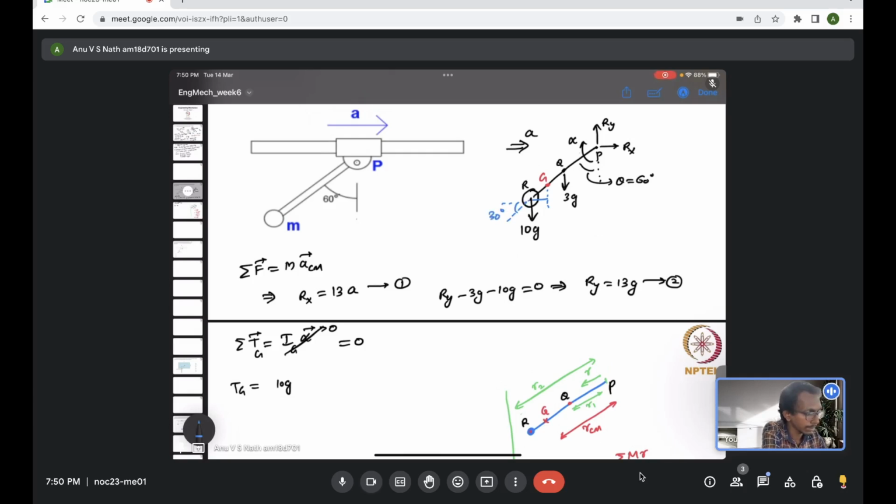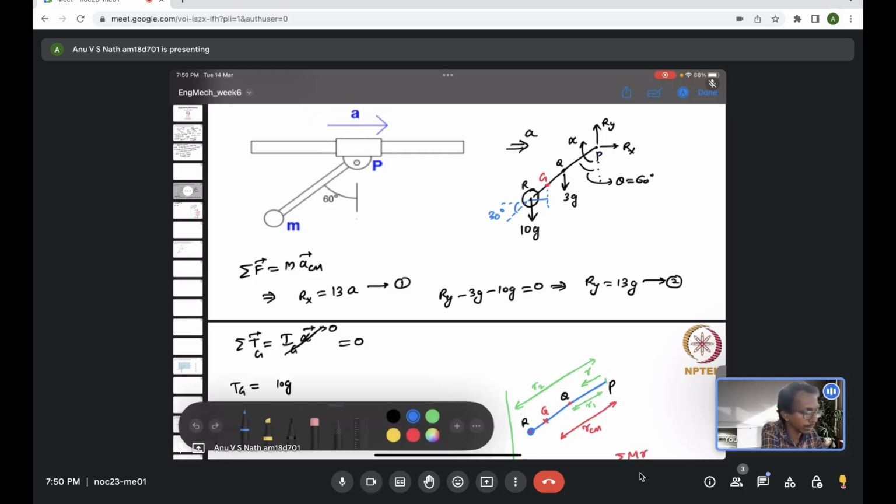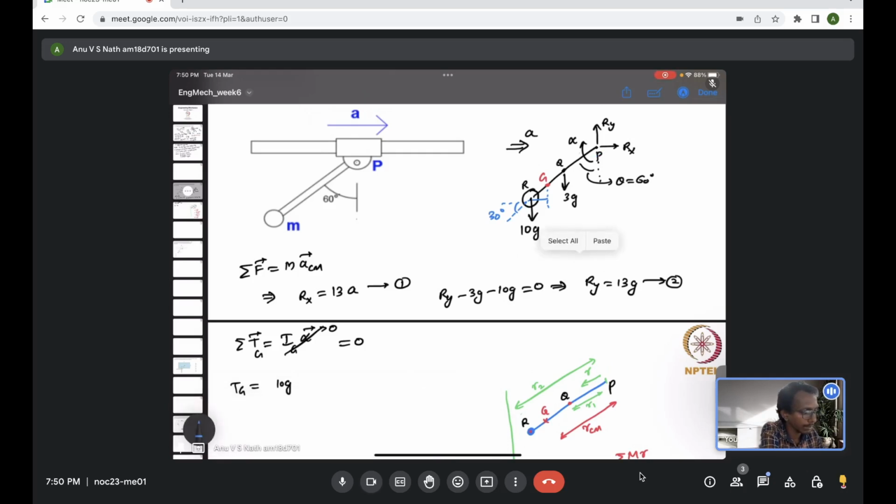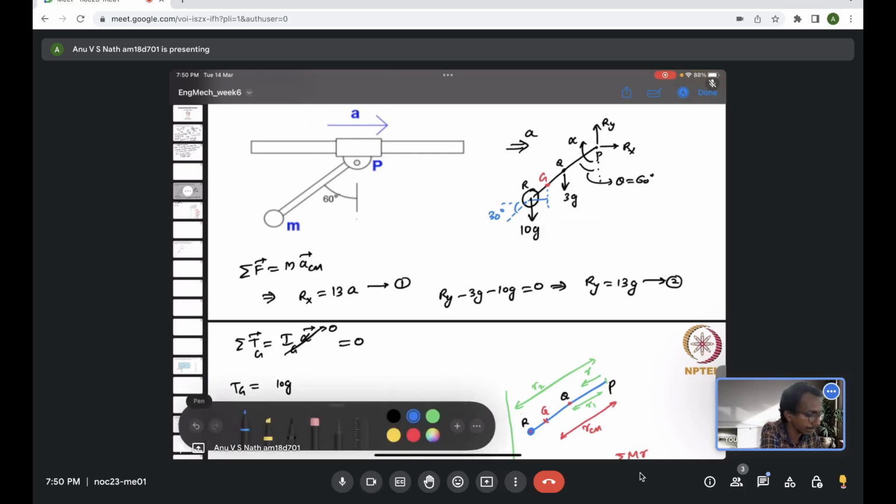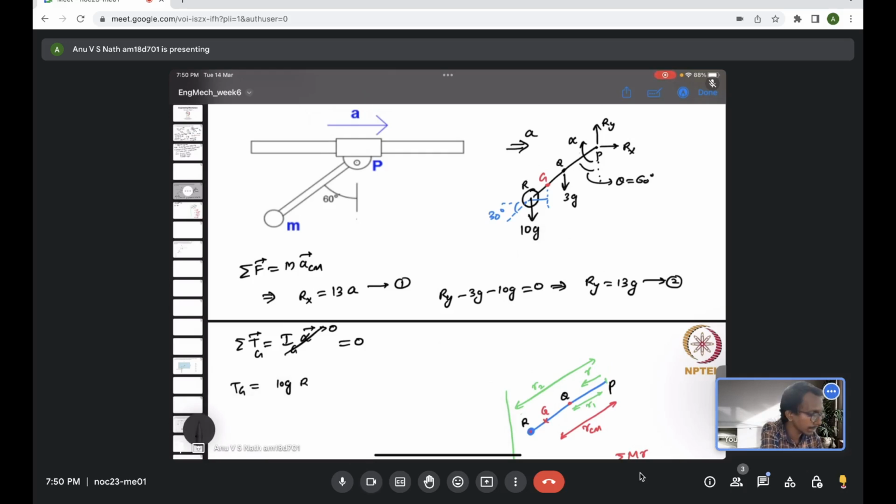Because this was 60 degrees here, so for that, this angle should be 30 degrees. Now the distance RG, whose horizontal projection is RG cos 30, so the moment created by the point mass is 10g times RG cos 30.